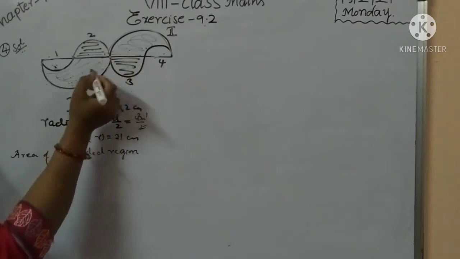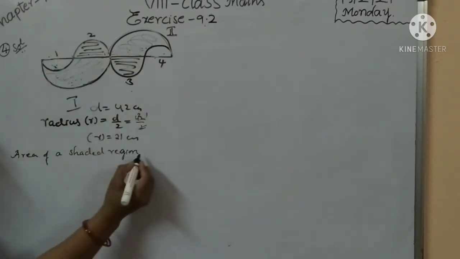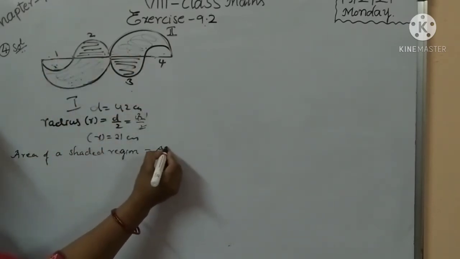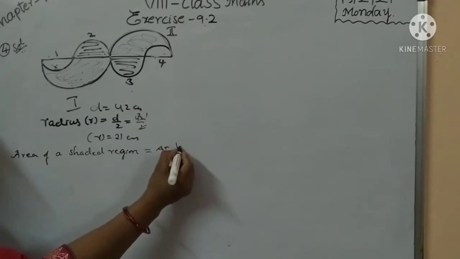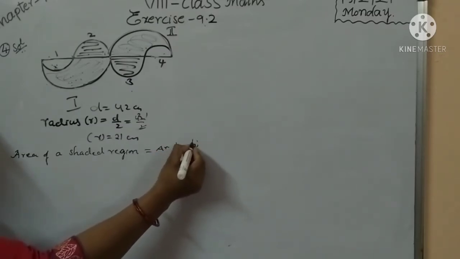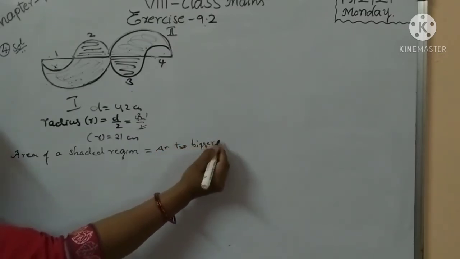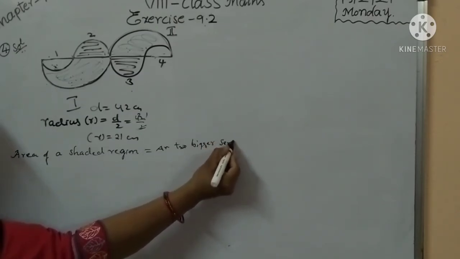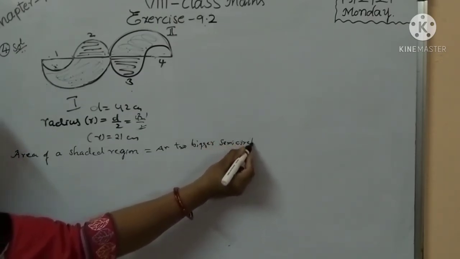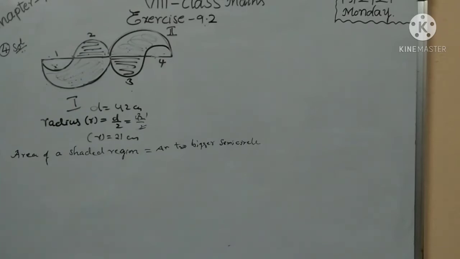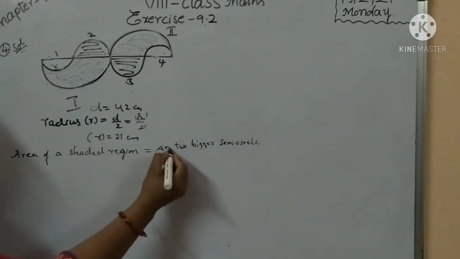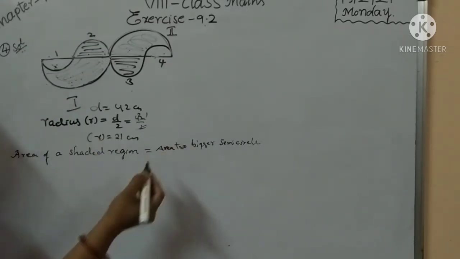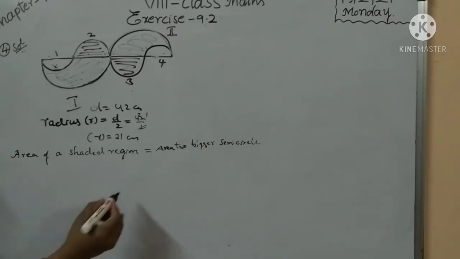How many semicircles are there? Two. So it equals the area of two bigger semicircles plus. Observe that.